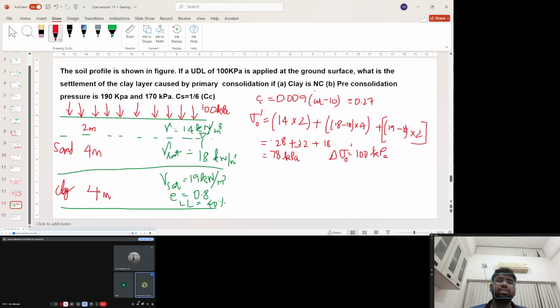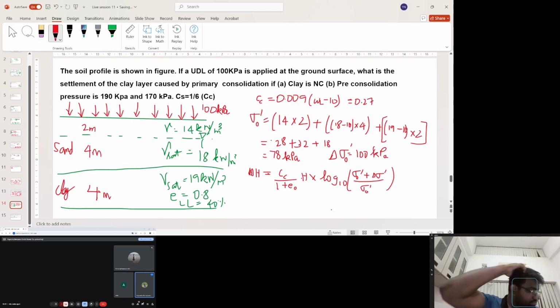So now since it is NC, we know that delta H will be equal to Cc by 1 plus E naught into H into log 10 of (sigma naught dash plus delta sigma dash) by sigma naught dash. Right?